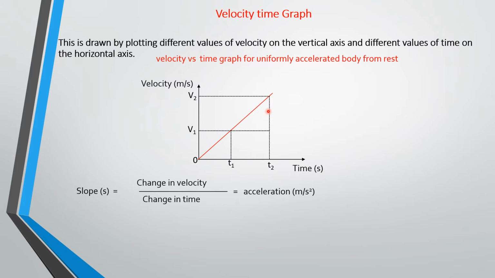So the slope, change in velocity over change in time, will give you the acceleration, and the area under this graph will give you the distance traveled.